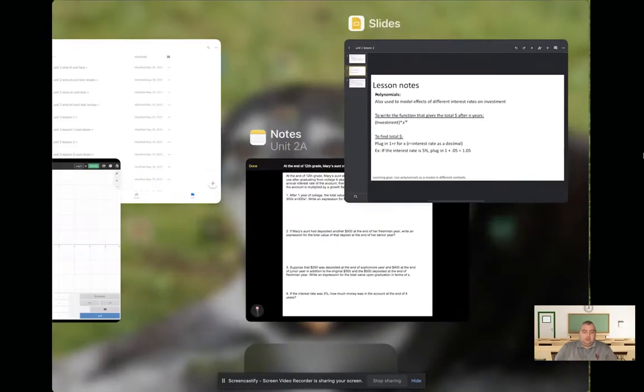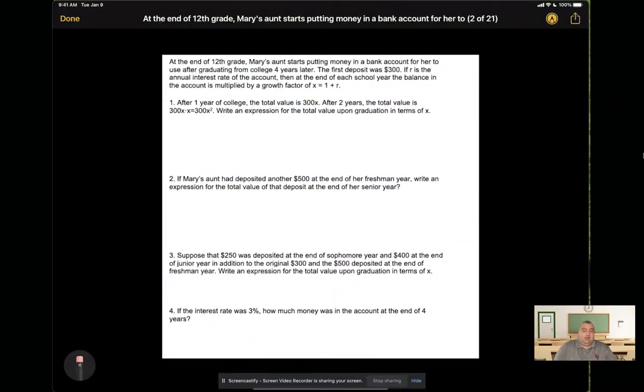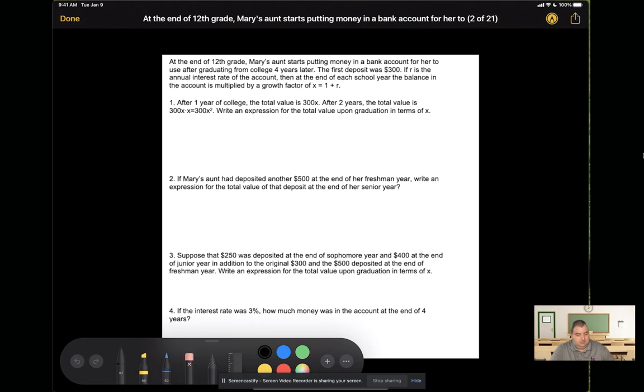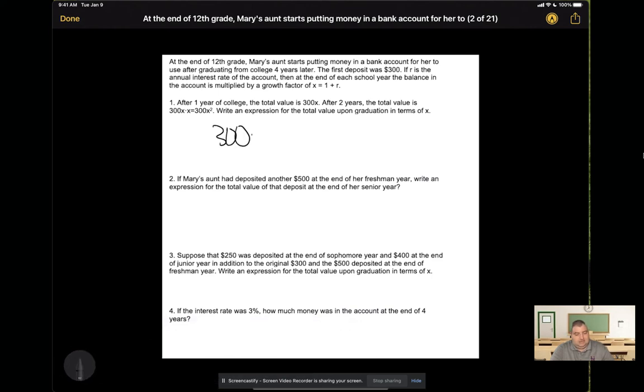So the expression is 300 times x to the power of 4, 300x to the 4th. The exponent is 4 because her $300 investment is collecting interest for 4 years.